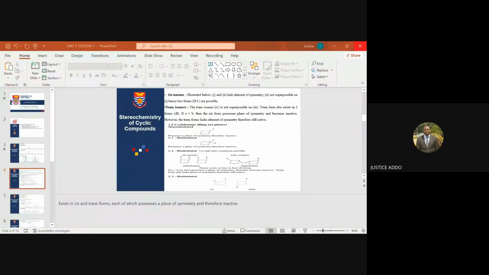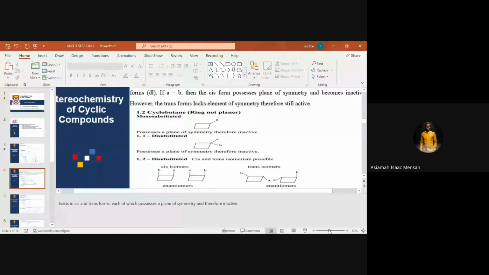Yes, so anyone, yes, Esiama. So the first one, which is 1,2-diethyl cyclopropane. There's a line of symmetry. Therefore, it makes it inactive. Also, there's no chiral carbon, making it to be having only one form.